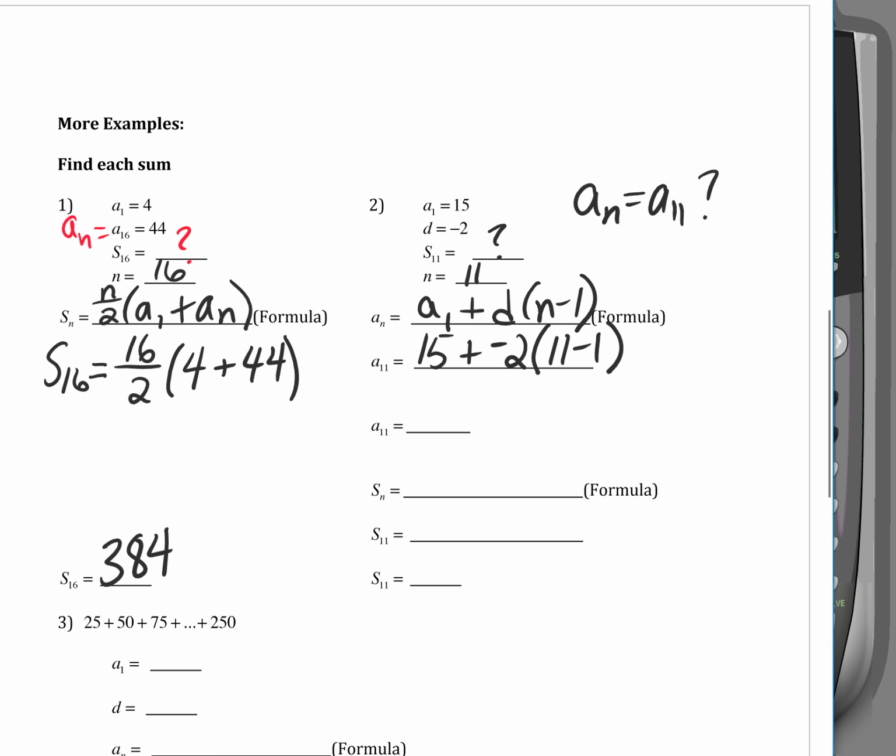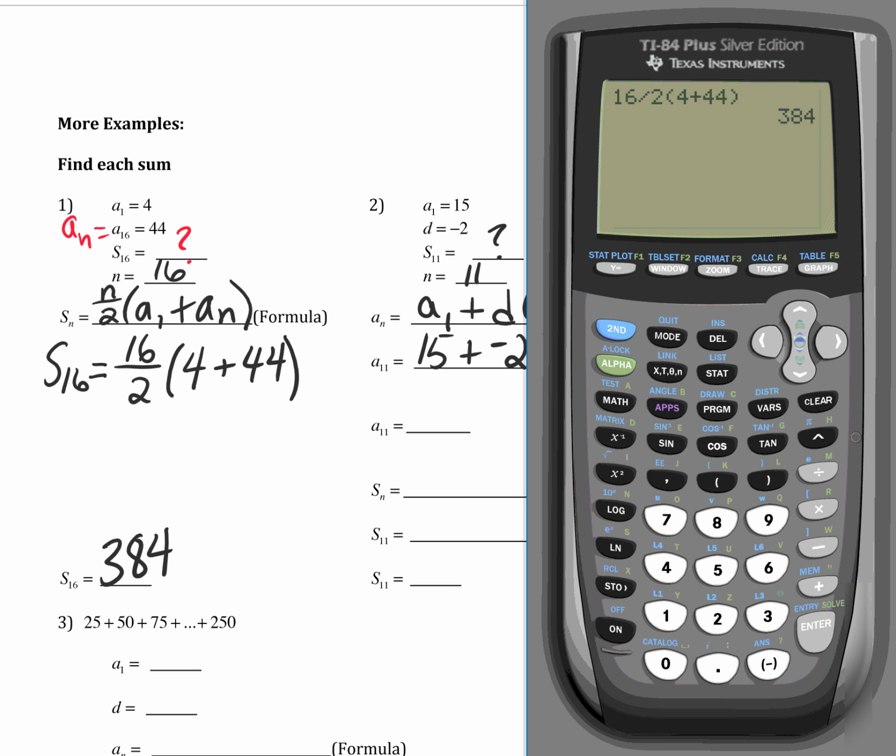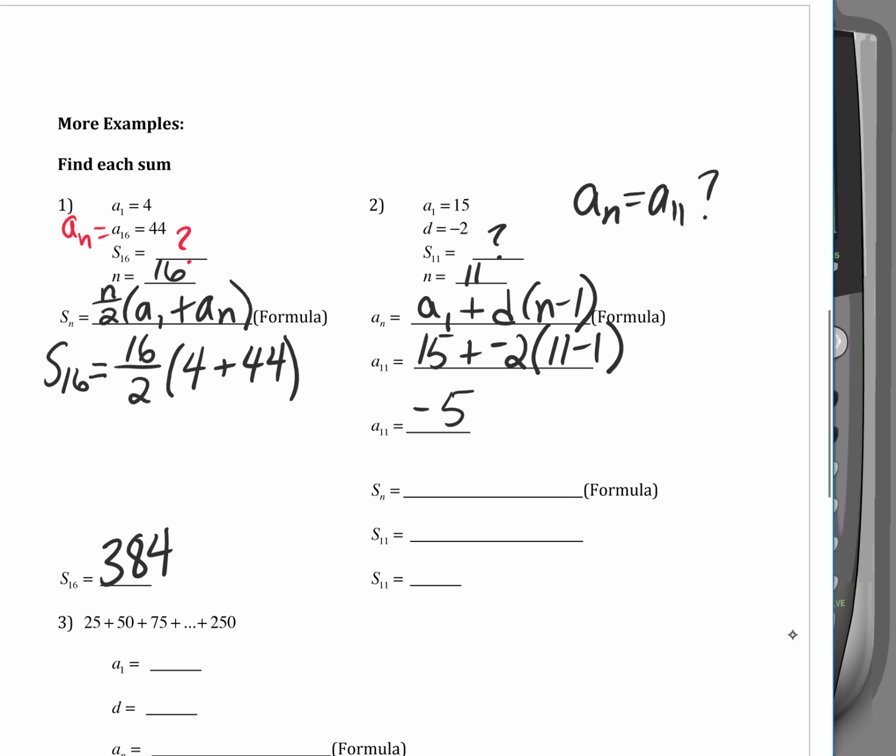And then we can plug that in our calculator all in one shot. And we get negative 5 for A11. This is our AN that we can use to fill into our next formula. N over 2 times A1 plus AN.